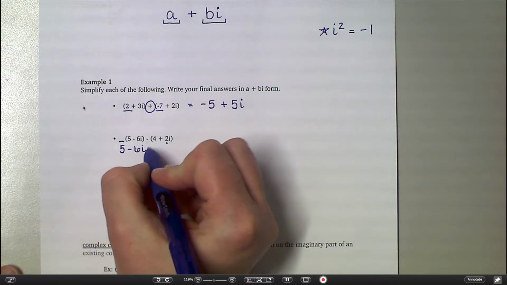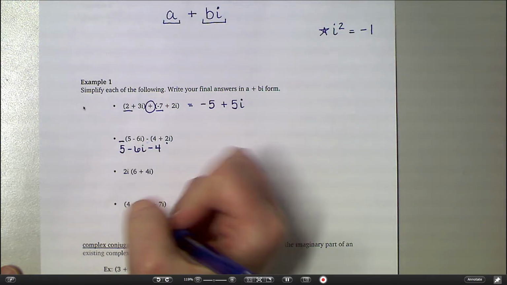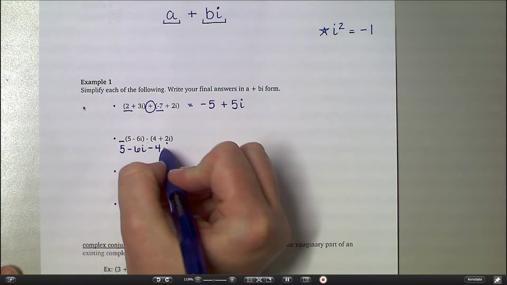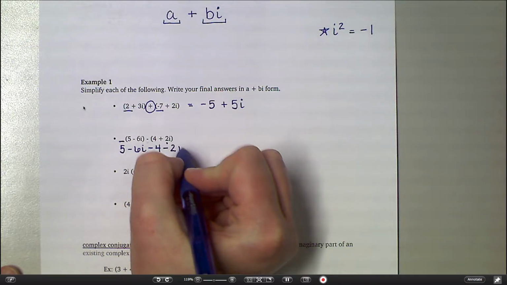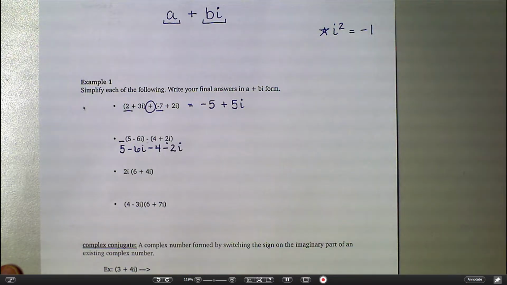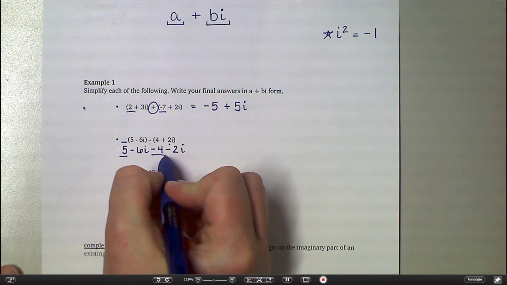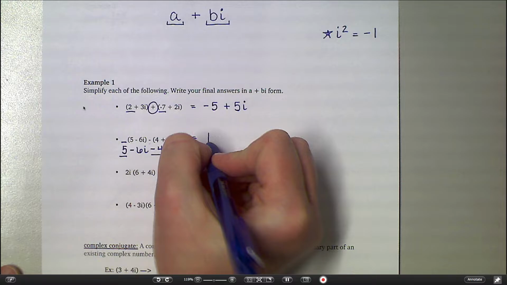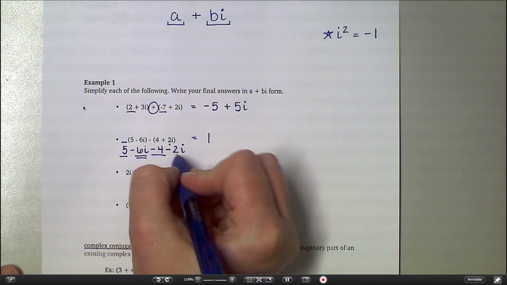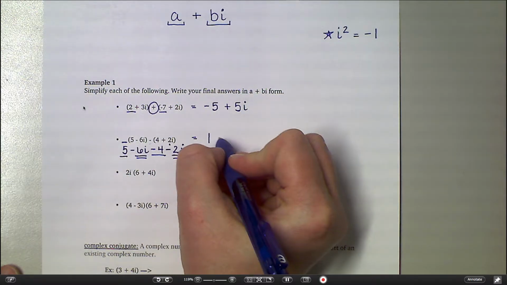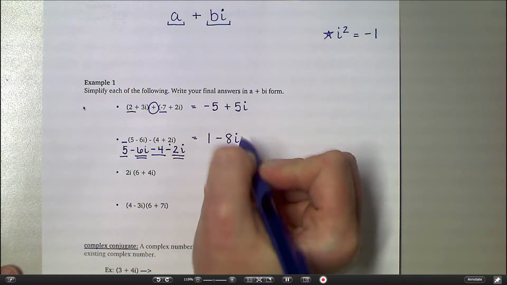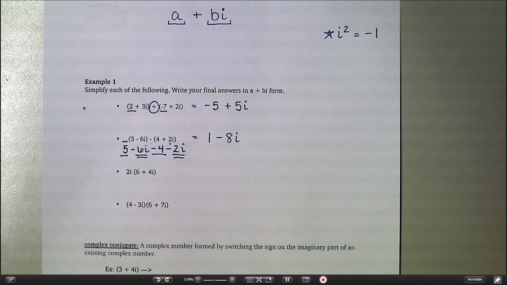But this minus sign applies to the 4, so we're subtracting 4, and we're subtracting 2i. Some of us refer to this sometimes as distributing that negative. Okay, but now, just like before, I'm going to do 5 minus 4, and I get 1. And -6i minus 2i is -8i. And then that's how we leave our answer. Okay?